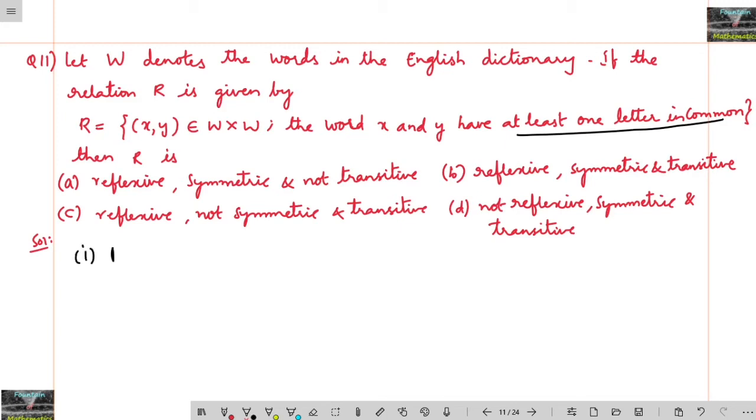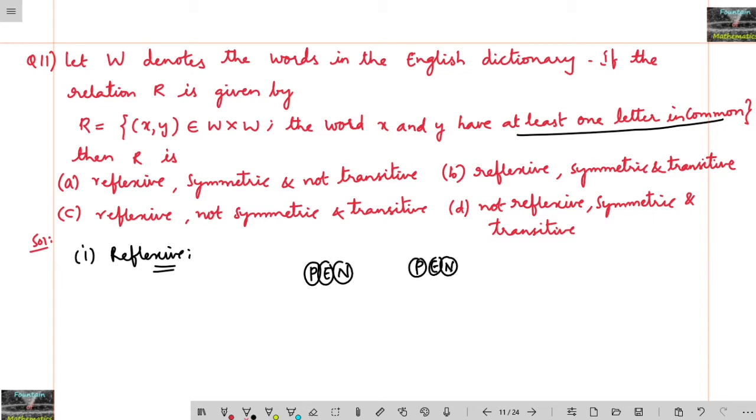First we will see the reflexive case. If I take any word, suppose I consider any word like pen, P-E-N, each and every letter of this word will be common with itself. It means the letters in the word P-E-N and the letters in the word P-E-N have at least one in common.